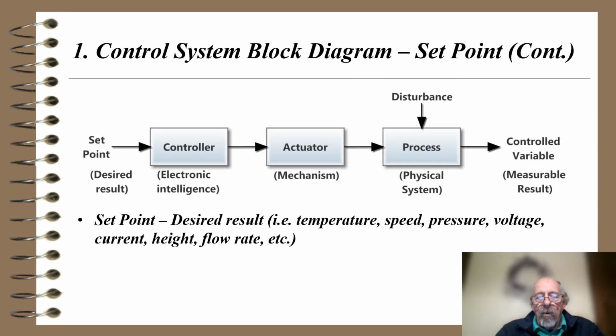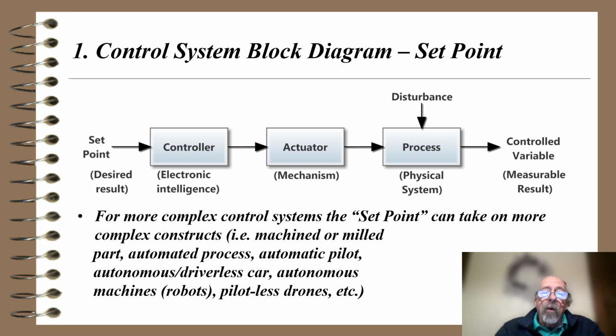What about the set point? The set point's the desired result, and that could be all these different things here: temperature, speed, pressure, voltage, current, height, flow rate, and so forth. For a more complex control system, the set point can take on more complex constructs.